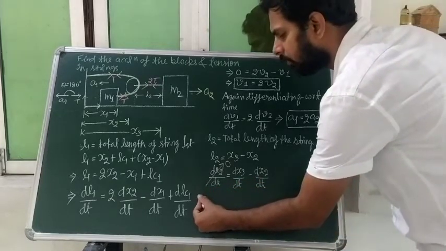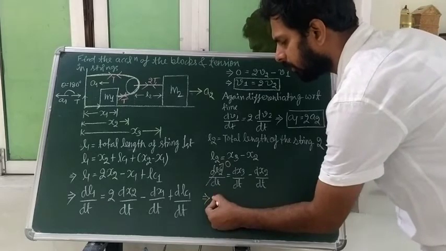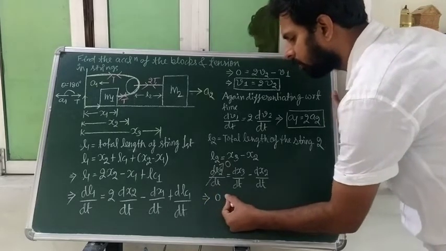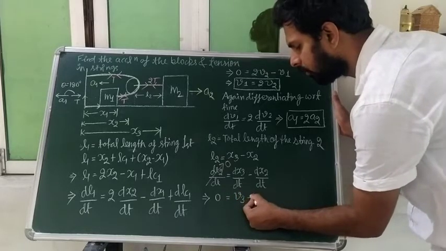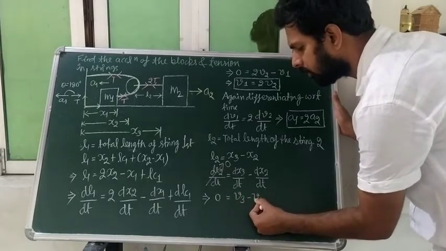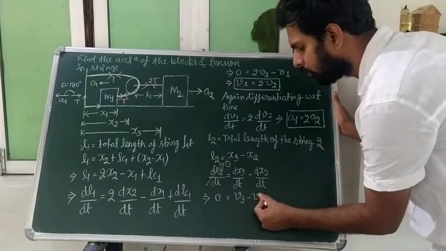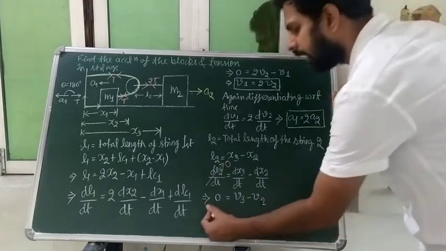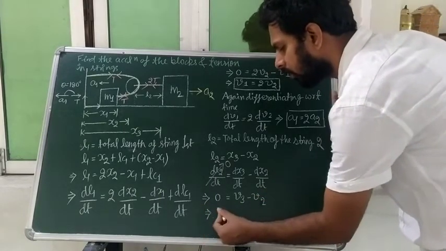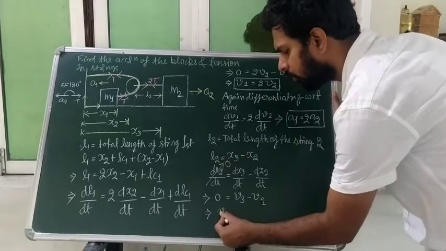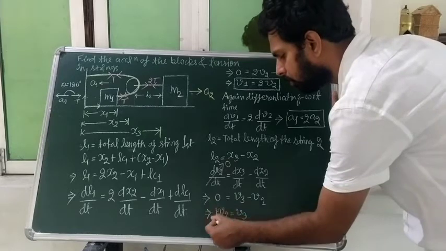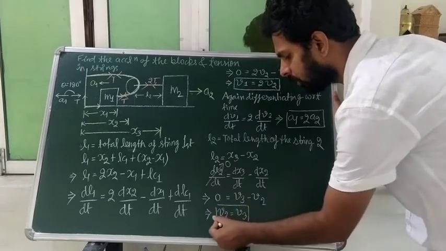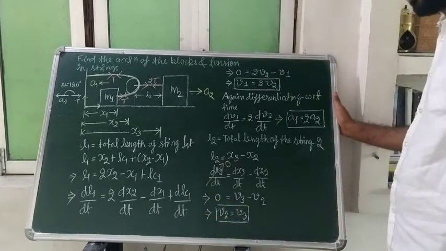So from here we get 0 equals V3 minus V2. Our meaning is that our V2 will be equal to V3 with the same sign.